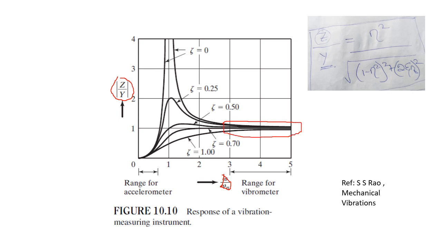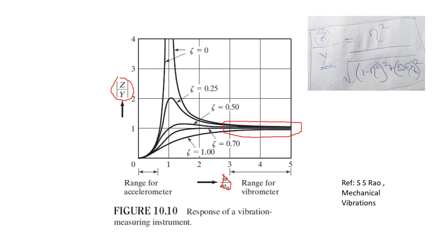That means z is equal to y when eta is greater than or equal to 3. Approximately, not exactly equal to 1, but it can be taken as almost equal to 1. So the requirement for a vibrometer is that this term should go to 1, and this happens when eta is greater than or equal to 3.